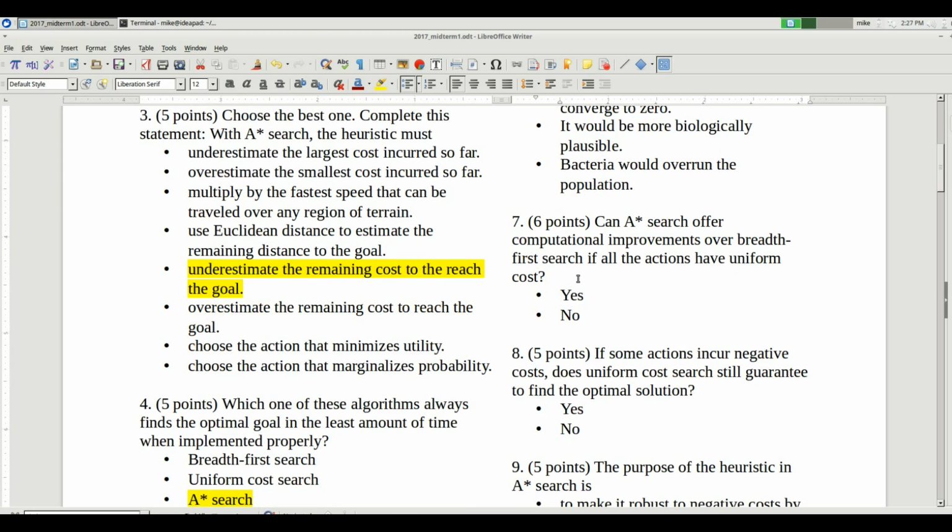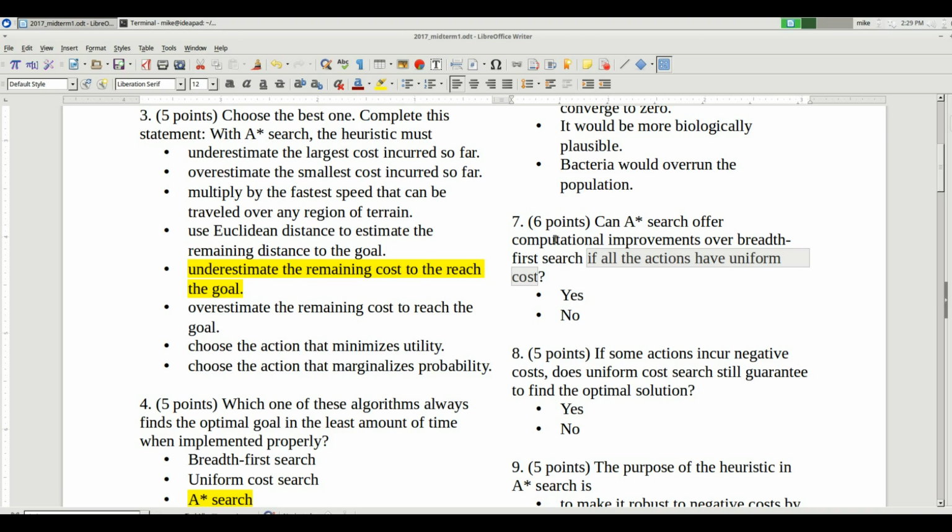Anyway, there we go. Can A-star search offer computational improvements over breadth-first search if all actions have uniform cost? So this thing right here was pretty much a distractor. Does that change anything at all? It doesn't really, because A-star search improves the problem by prioritizing the things in the frontier that are getting close to the goal.